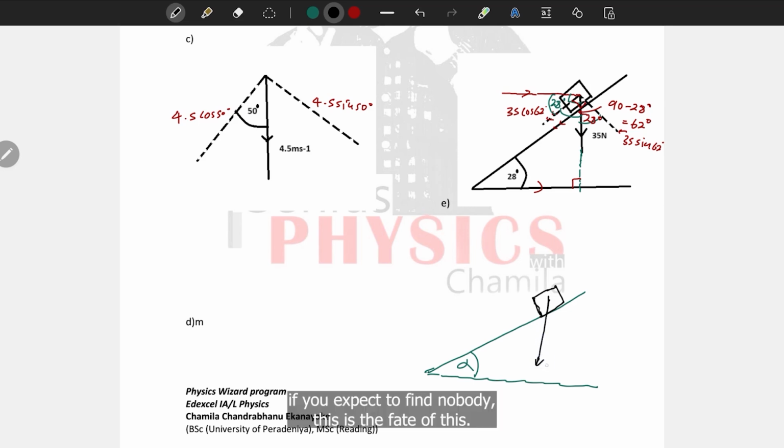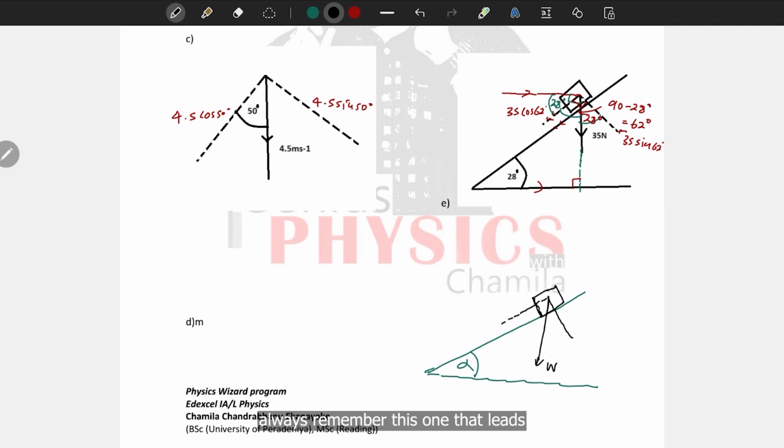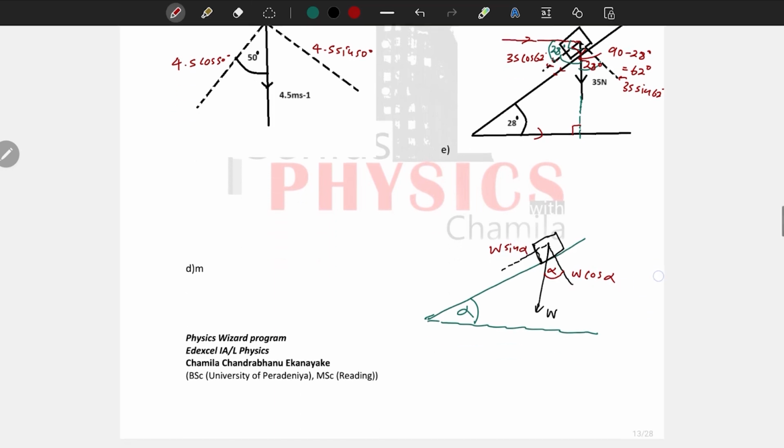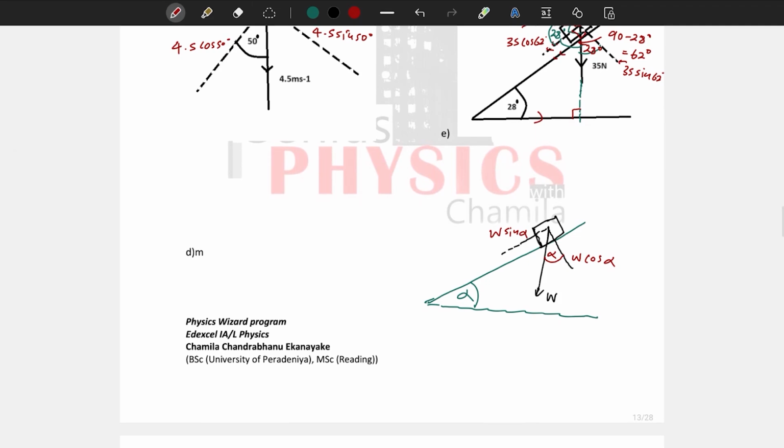Now imagine this is the weight of the object, and you are expected to find these two components. Always remember this angle is also alpha. So in terms of W and alpha, this is W sine alpha and this is, sorry, my bad, W cos alpha, as the adjacent side is crystal clear, while this is W sine alpha. Right, that is it. Very important.